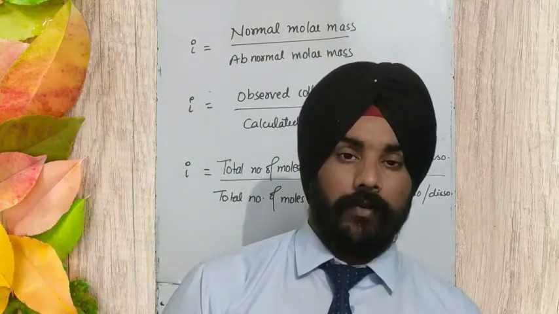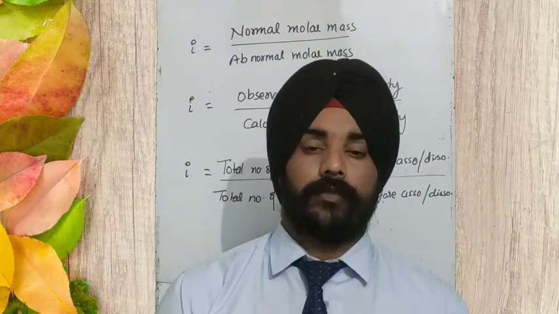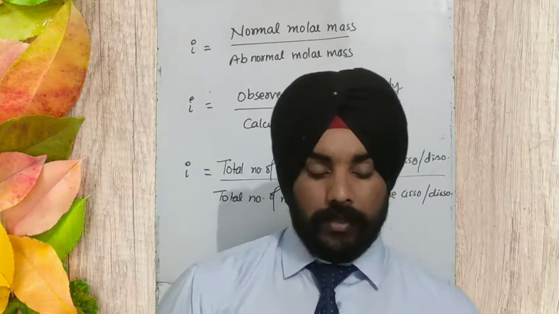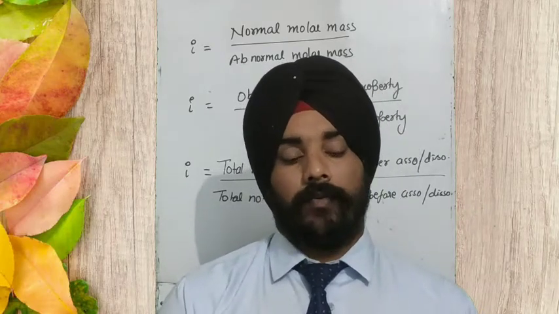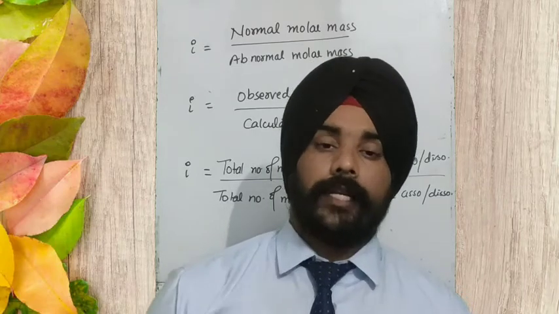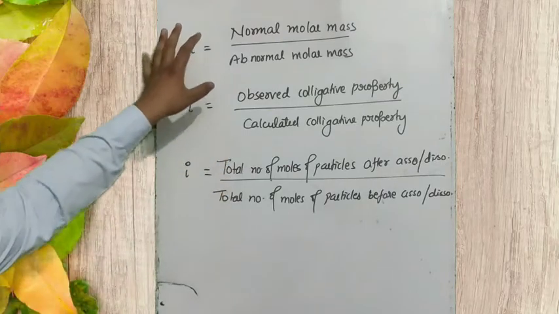That means when ionic compounds are added into the solution, and they associate or dissociate, by the colligative property we were not having the correct method to calculate them.